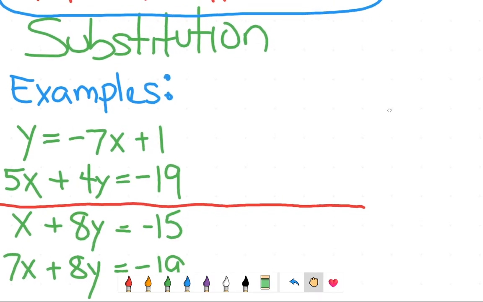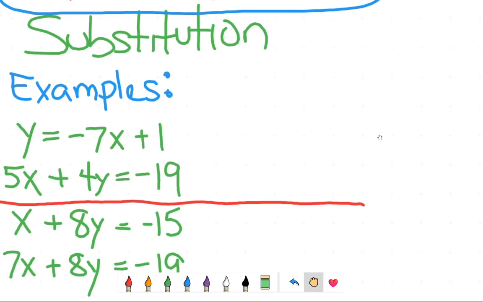If we look at the first example, y equals negative 7x plus 1, 5x plus 4y equals negative 19. Y is isolated. That variable is by itself on the other side of the equal sign. So we would use substitution here because of the y.